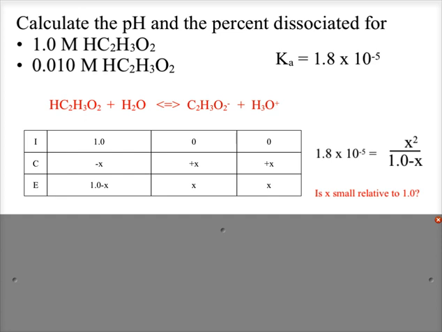So when you go ahead and solve for x, the value of x is going to be extremely small. So in terms of sig figs, this difference here will end up being essentially 1.0 minus a number so small that you end up with 1.0. So that simplifies the problem. So you have x squared over 1 equals the equilibrium constant. Go ahead and calculate both the concentration of the hydronium ion, the pH, and the percent dissociated.